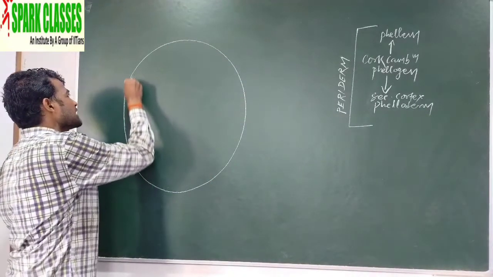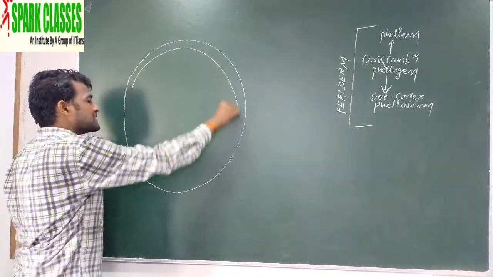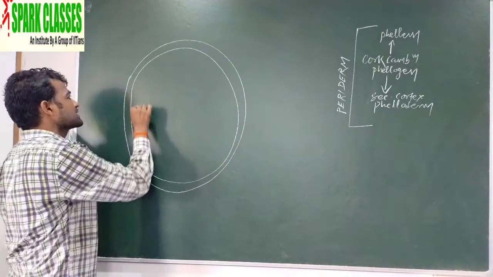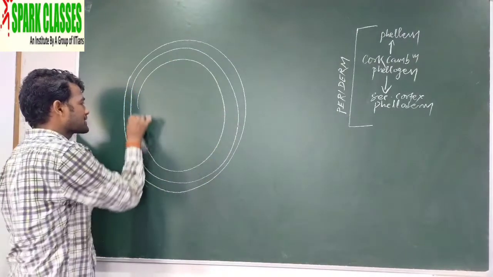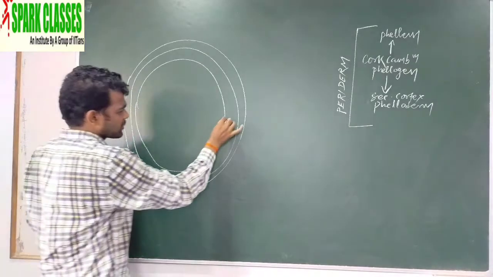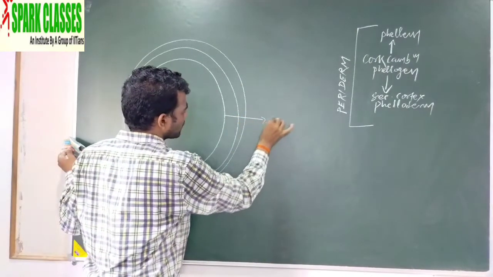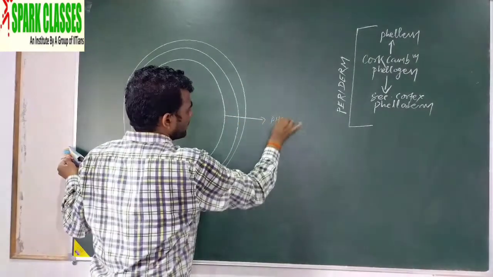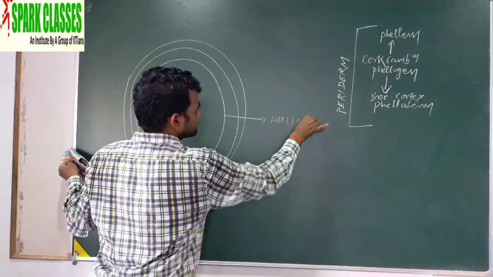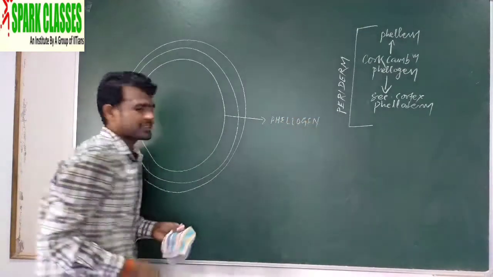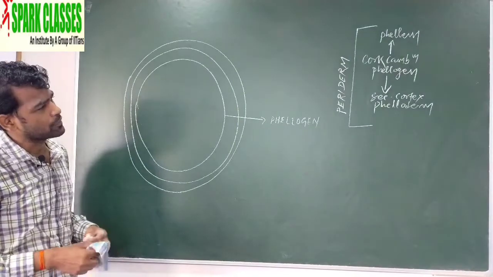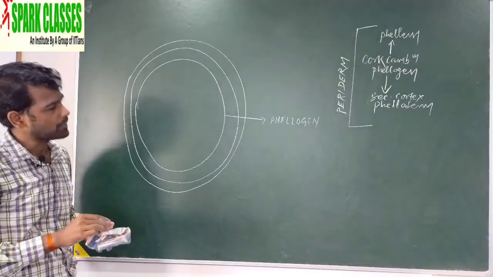This is epidermis, this is hypodermis, this is cortex, other layers are present. This cortex layer converted into phellogen. This phellogen produces two types of tissue, we have completed that part.